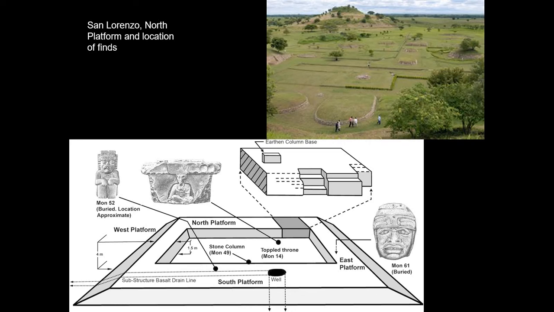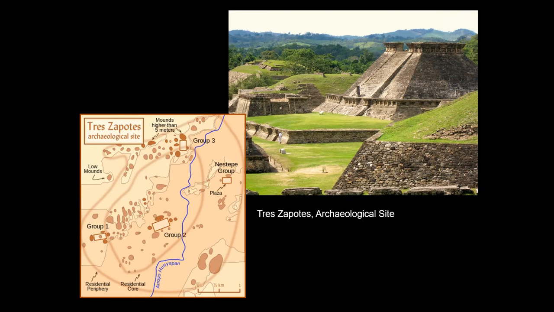The things that you see here are really not that much more developed than we see elsewhere. Tres Zapotes has a little bit more exciting stuff to look at, but that's because it was reoccupied at a later time period. So the beautiful pyramids and platforms that you're seeing here are in fact from a later time period. They are not from the Olmec time period. The Olmec time period would have had much less defined mounds.